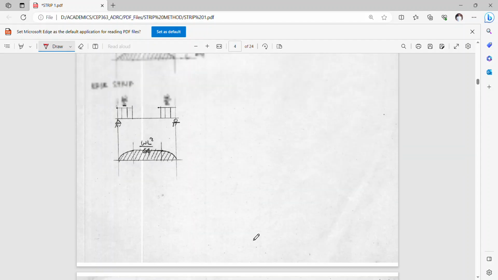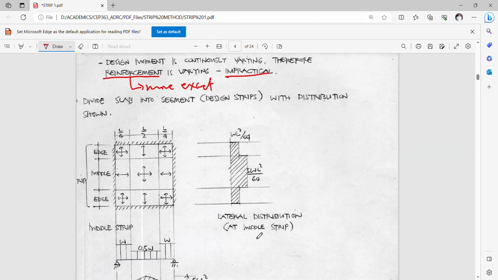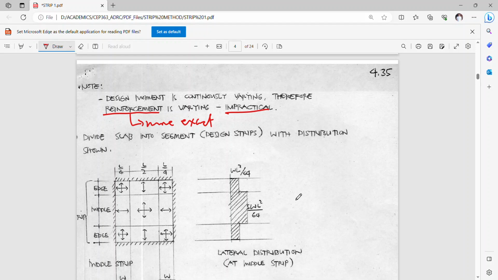So because of that, we recommend that we divide the slab into segments.